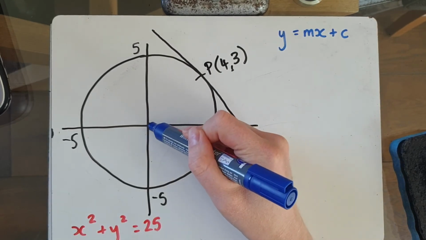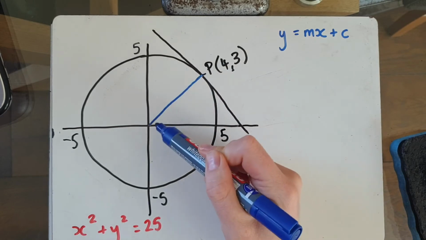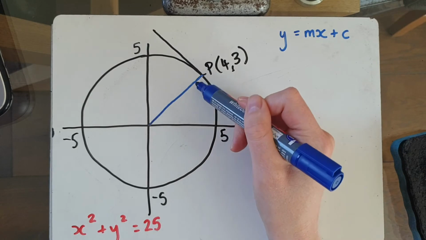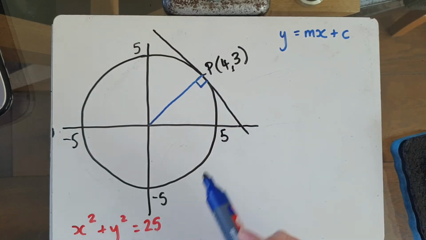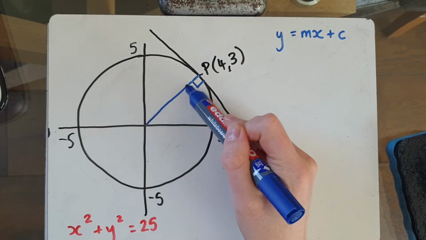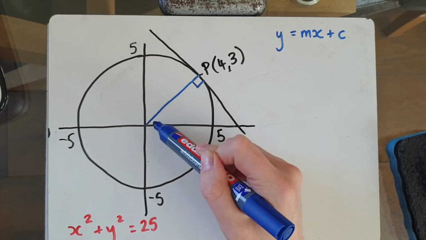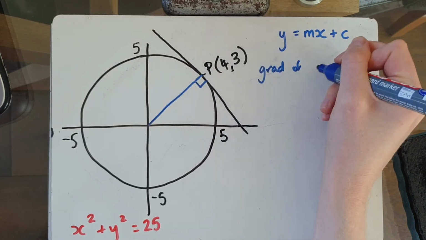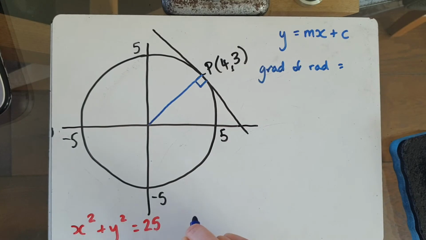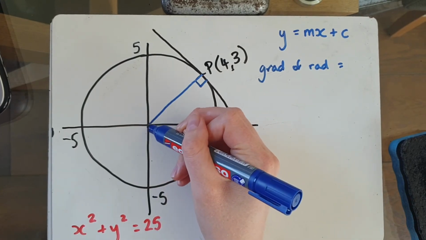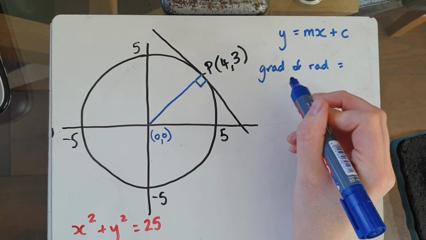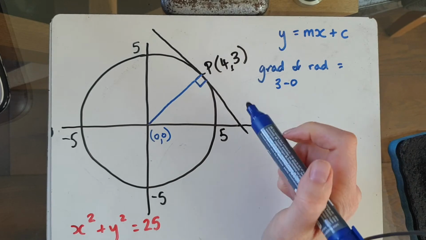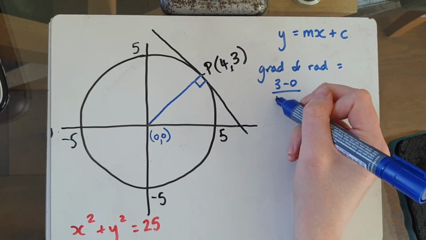However, if we add in the radius of the circle, this radius of the circle is perpendicular to the tangent. This is 90 degrees here. So I can find the gradient of this radius first of all. So that's what I'm going to do. So I'm going to do gradient of radius. It goes through the origin, so it goes through 0, 0. And the gradient is change in y, so 3 minus 0, over change in x, so 4 minus 0.